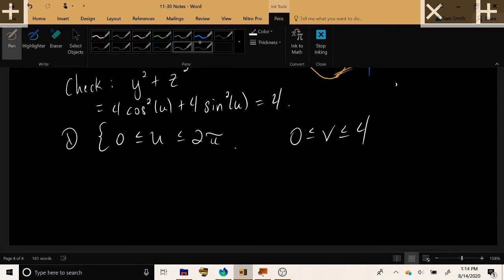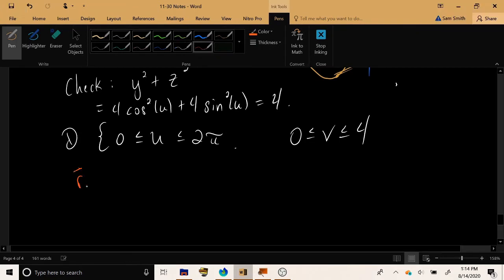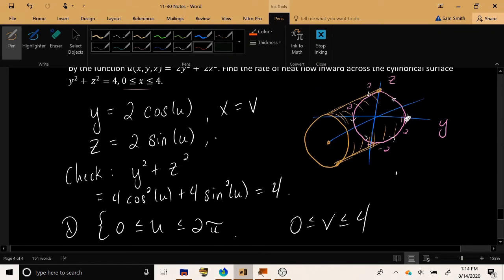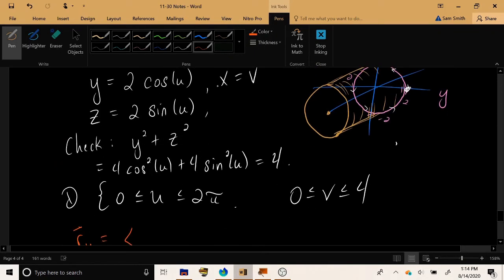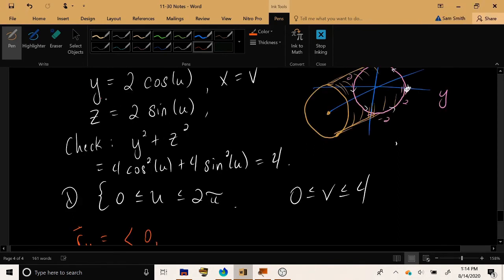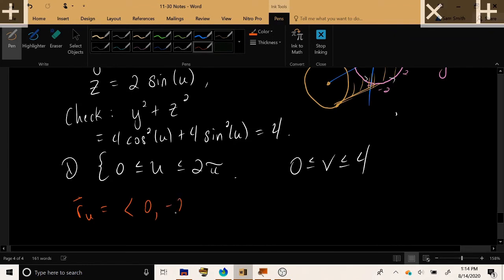All right. Now that we have established a parameterization for the surface, the next thing that we're going to need to do, as usual, is find r sub u and r sub v and their cross product. So r sub u, if I take the derivative with respect to u of x equals v, the result is 0. If I take the derivative with respect to u of 2 cosine u, I get negative 2 sine u.